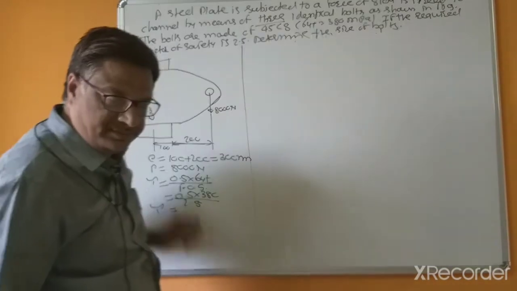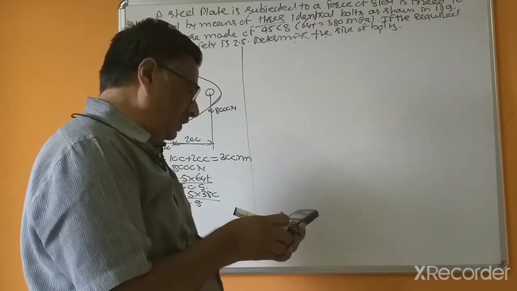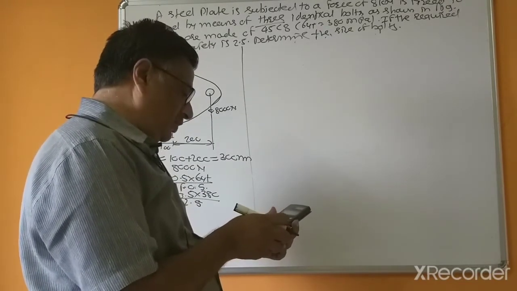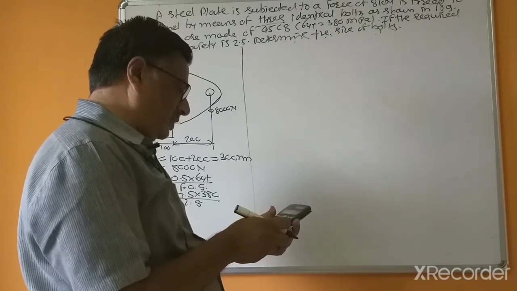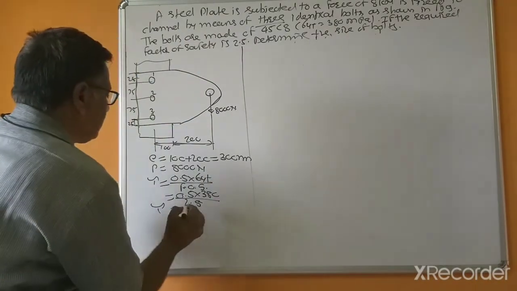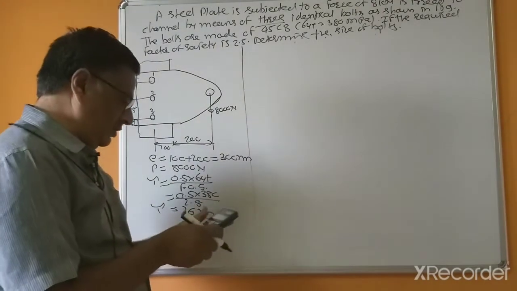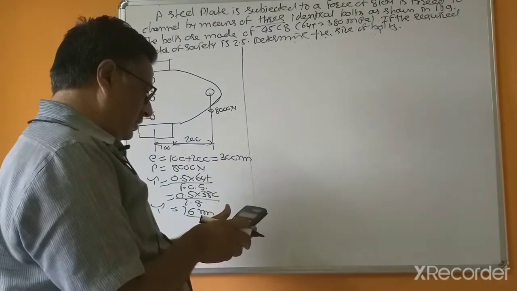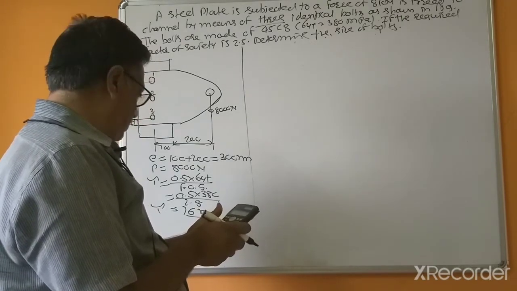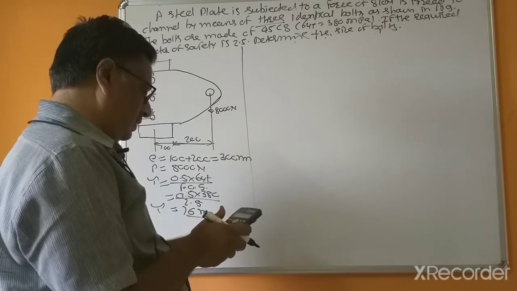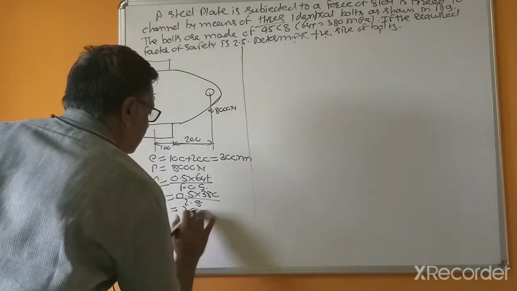Tau equals 380 multiplied by 0.5 divided by 2.5, and this is 76. I will check this once again: 380 multiplied by 0.5 divided by 2.5 is 76, and this is megapascal.